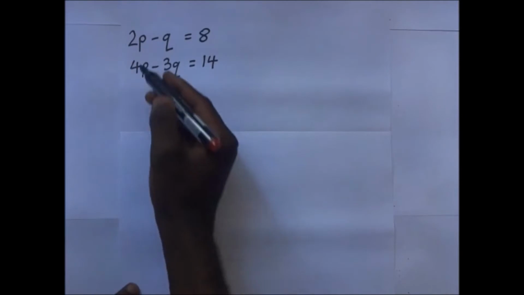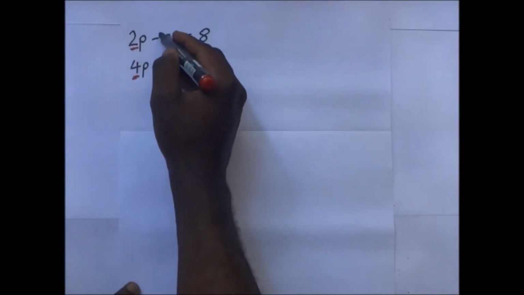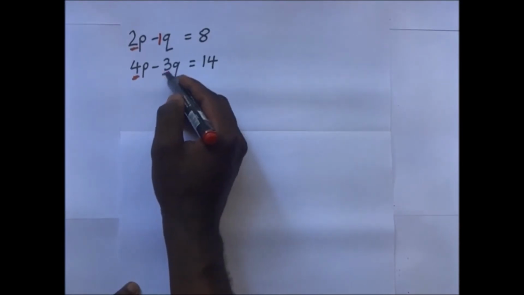We have 2p minus q is equal to 8, 4p minus 3q is equal to 14. We are required to find the values of p and q in that simultaneous equation. So we are going to extract our matrix by extracting the coefficients of those unknowns. The coefficient of the unknown here is 2, the coefficient here is 4, the coefficient here is negative 1, the coefficient here is negative 3.